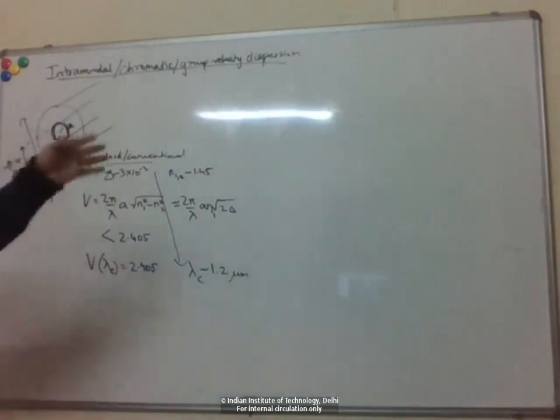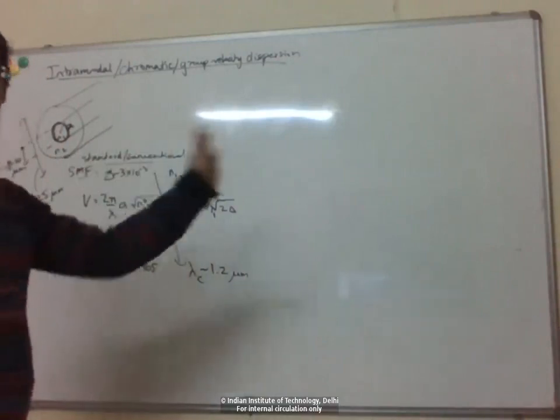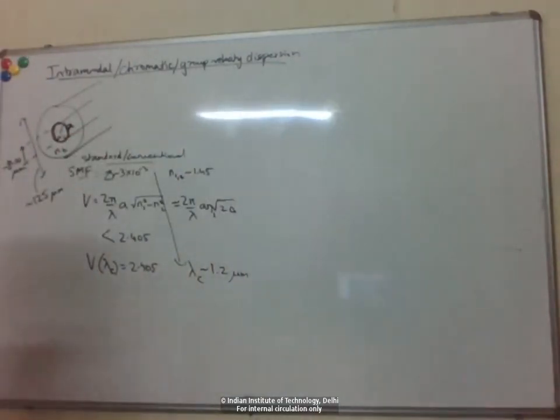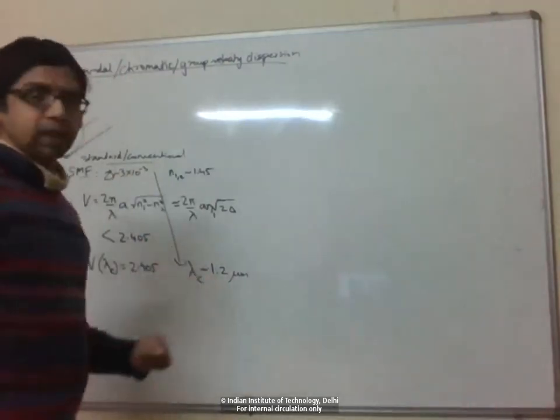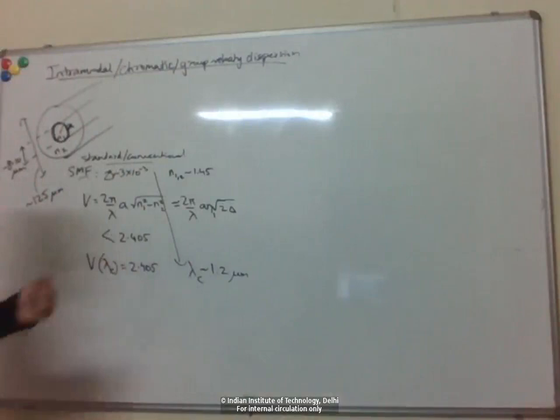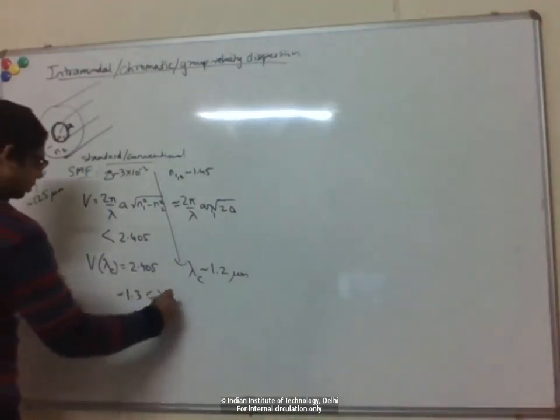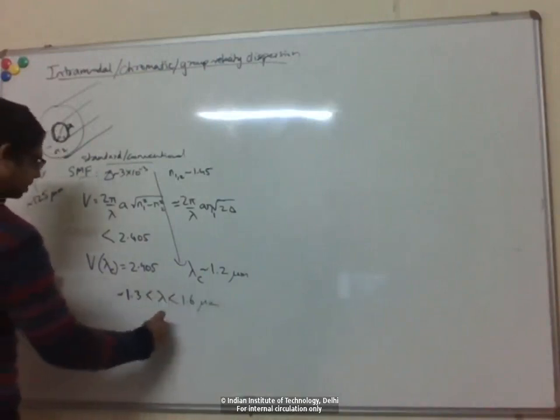Recall these telecom bands that we had went from 1.25 to 1.65 micron, and we want the fiber to be single mode over that entire range, so the cutoff wavelength has to be smaller than that. For wavelengths longer than the cutoff wavelength, V will be smaller than this. So for the telecom range of typical wavelengths that is used, the V number is between, let's say, 2 and 2.4.